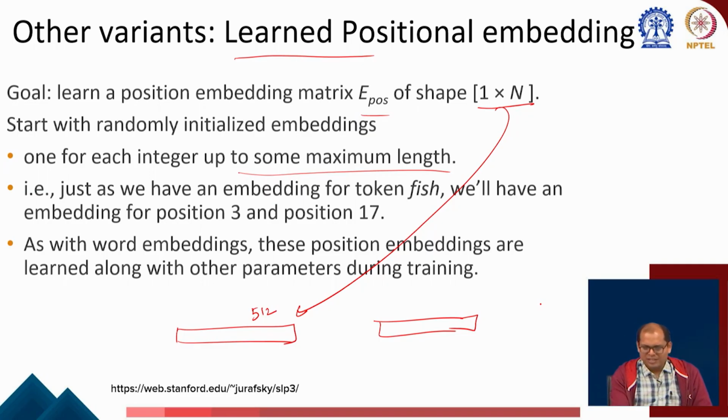For example, the word fish, if it is at position 3 versus position 17, we will have separate embeddings for position 3 and 17, right, and you will learn them starting from random initialization. You will train the model to learn the optimal position encodings. So this is also possible, and this is also done in various later works. You do not fix them as sine and cosine, but you can also learn these.